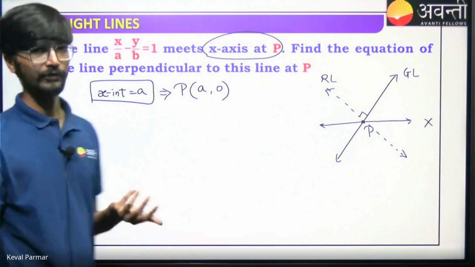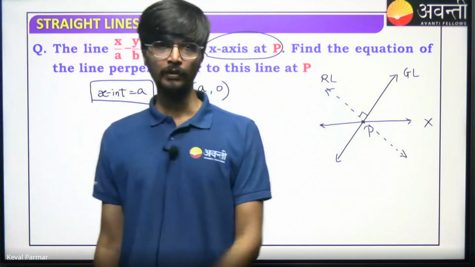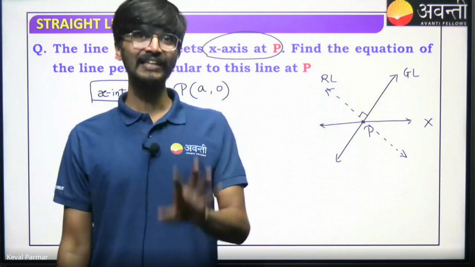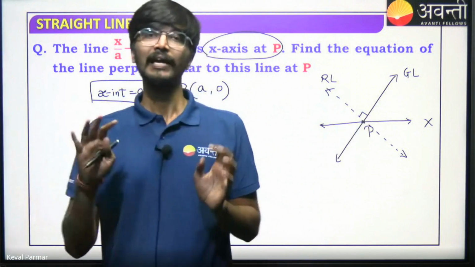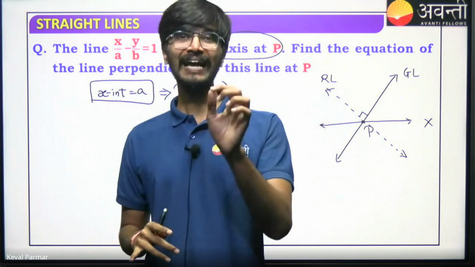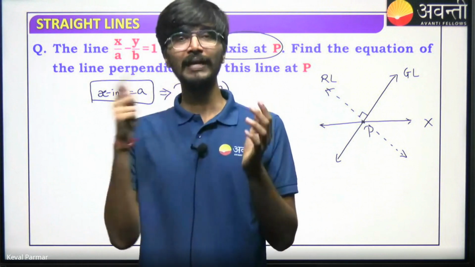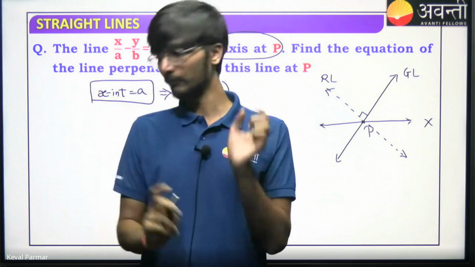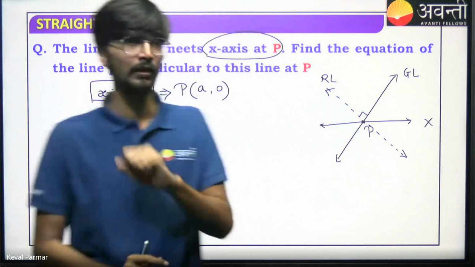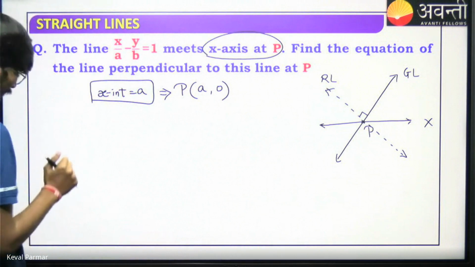I got the point. Now we require the slope. For the slope, it is given that the line is perpendicular. If you remember from the last lecture, if the slope of a line is m, then the slope of a line perpendicular to it is the negative reciprocal. Do you remember the words negative reciprocal? So let us get the slope of this line.